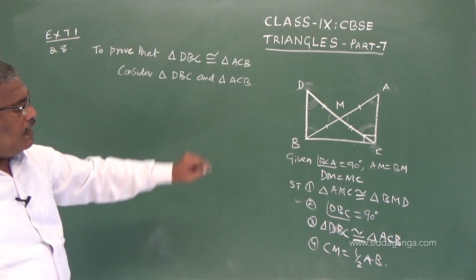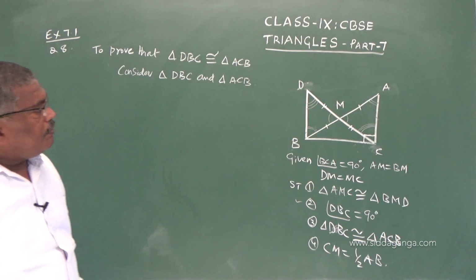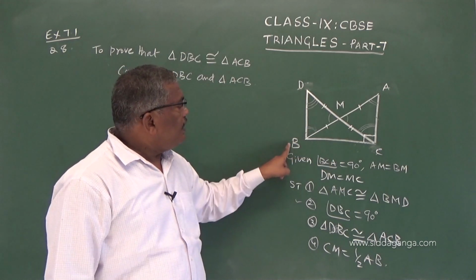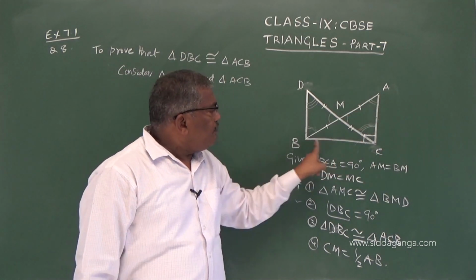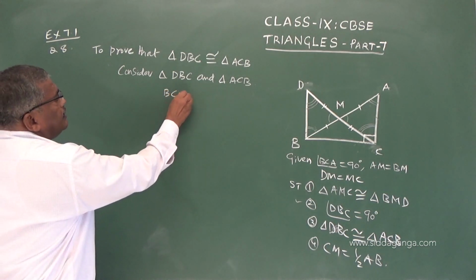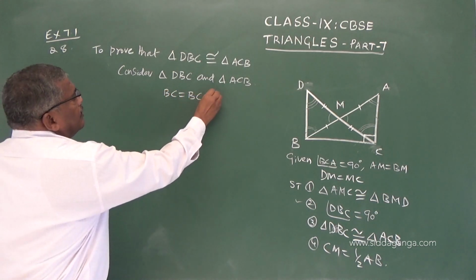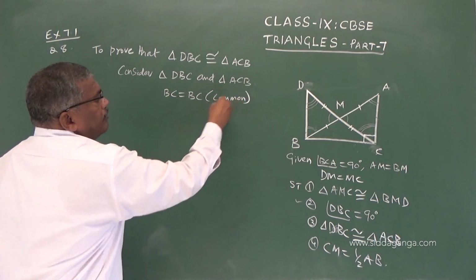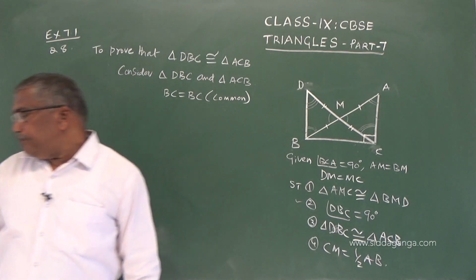In these two triangles, DBC and ACB, you observe BC is a common side. So therefore I will write BC is equal to BC, common side.